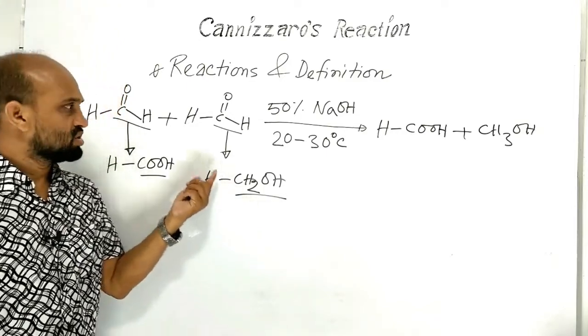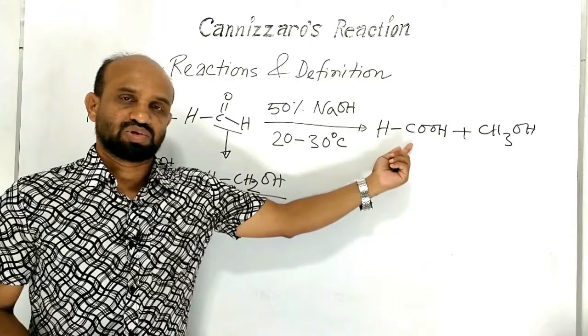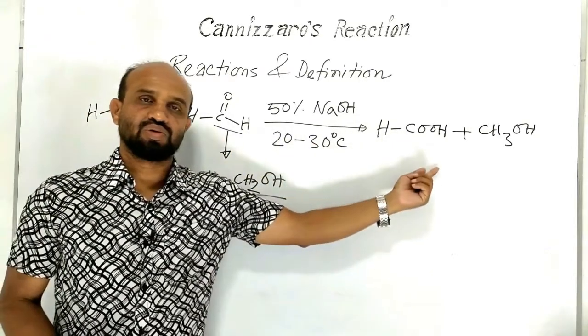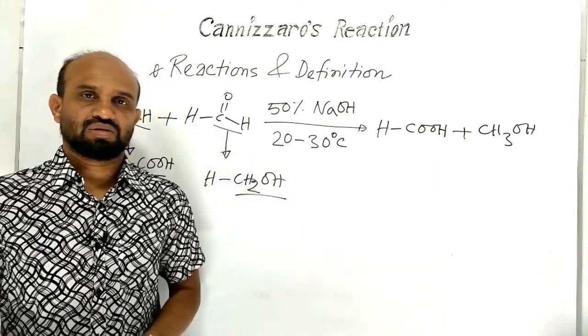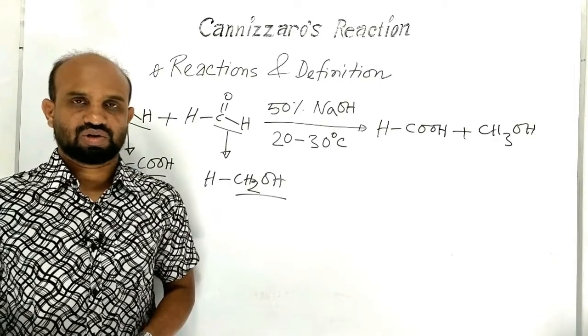That is, one molecule is oxidized to carboxylic acid and another molecule is reduced to alcohol in presence of concentrated alkali like sodium hydroxide or potassium hydroxide.